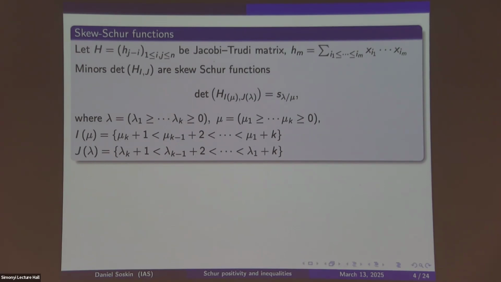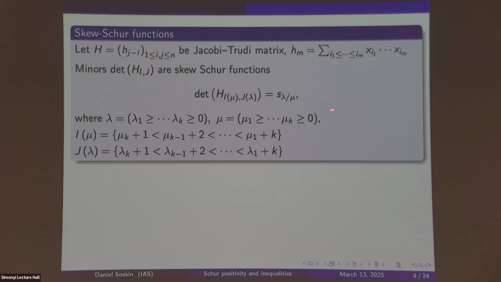And well, we can also generalize this problem to skew Schur functions. So let me first remind how we can define skew Schur functions. One of the definitions for a skew Schur function is to look at a minor of the Jacobi-Trudi matrix. So we can look at the Jacobi-Trudi matrix where each entry ij is the homogeneous symmetric function h_{j-i}.